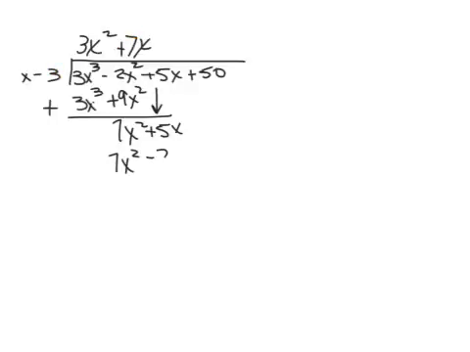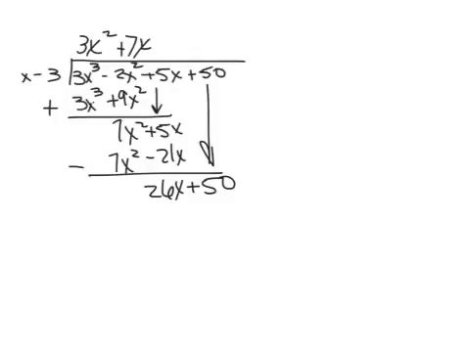You get negative 21x. Line, negative. These two subtracted give you 0, so we can ignore that. 5 minus negative 21 is the same as 5 plus 21, which is going to give me 26x. Bring down the 50.